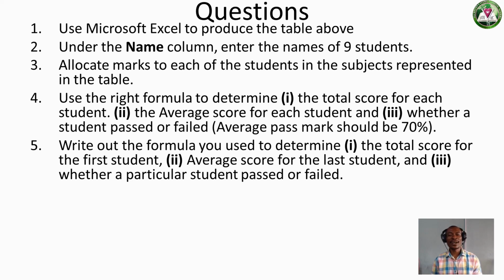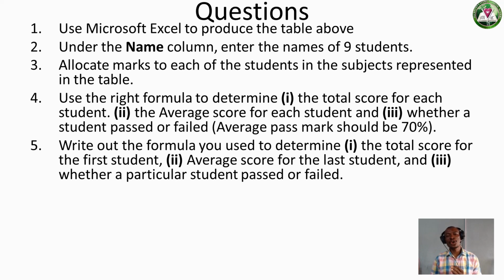Write out the formula you used to determine the total score for the first student. So in this case now, I want you to write out the formula you used to determine the total score for the first student that you entered his or her name there. Not the person that is first in the scores, but the first name that you entered there. That is the first student, the total score of the first student.